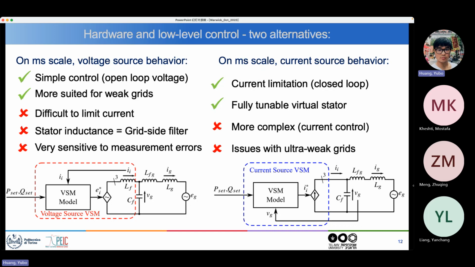This is the filter of my inverter. Or alternatively, I can compute what would be the current provided by my virtual synchronous machine, and run some current control loops to create exactly that current to go out to the usual filters of my inverter.